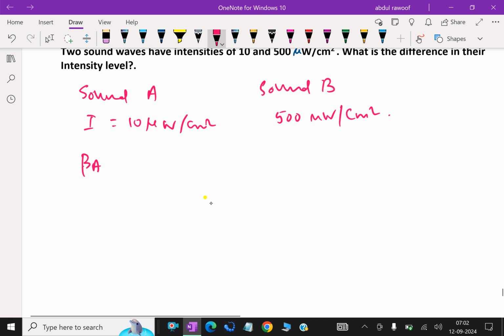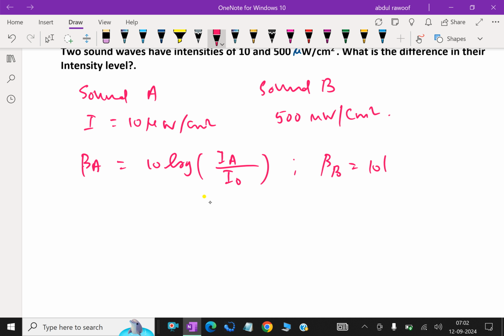Now, therefore, beta A is 10 log IA over I0, and beta for sound B is 10 log IB by I0.